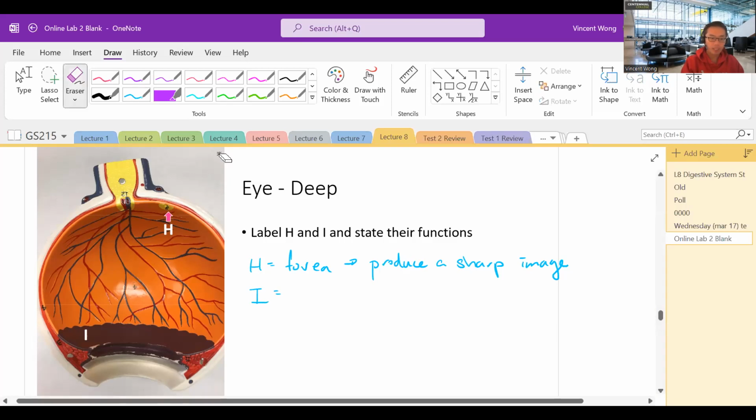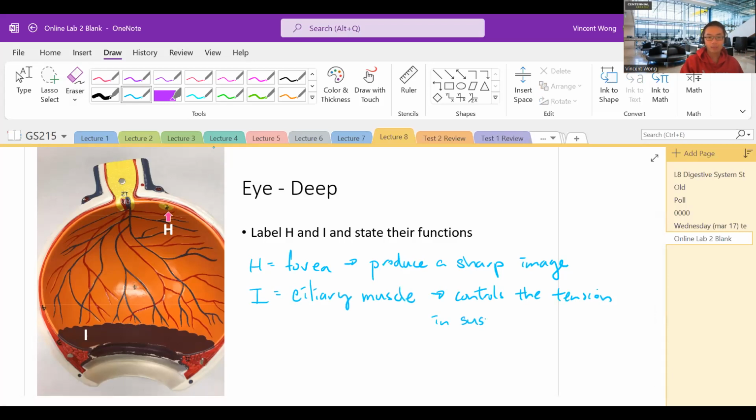I'm talking about all these muscles. It forms a ring, right? Remember I told you last time around the eye, those are the ciliary muscle, which controls the tension, how tight the suspensory ligaments are going to be.